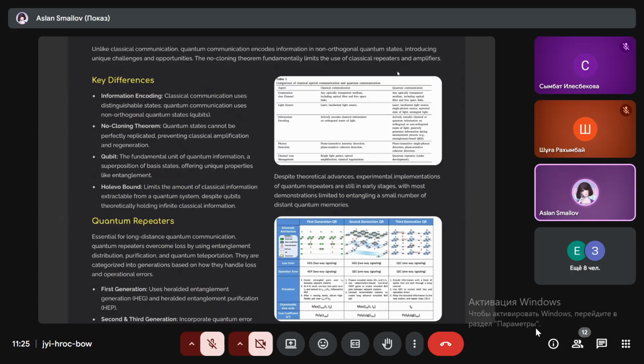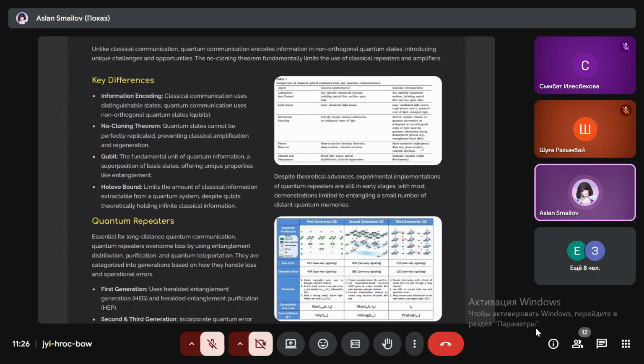And the next one is photon detection. For photon detection in classical communication, we have phase-insensitive intensity detection and phase-sensitive coherent detection. And for quantum communication, we also have phase-insensitive single photon detection and phase-sensitive coherent detection.